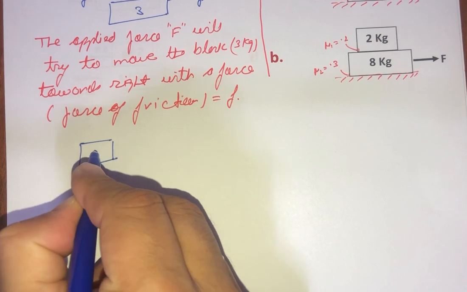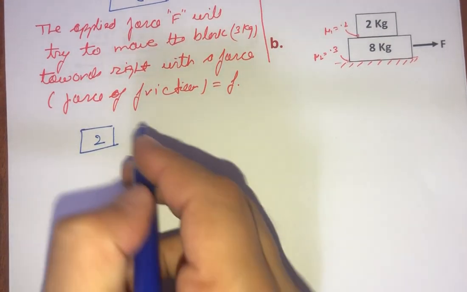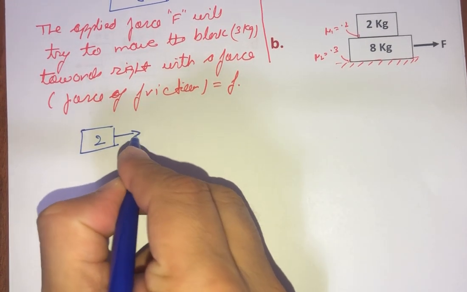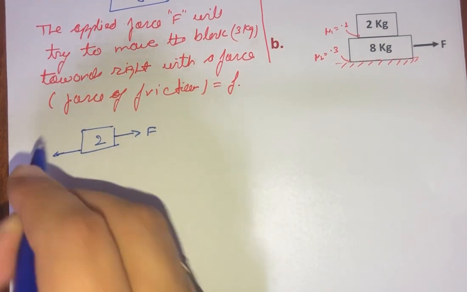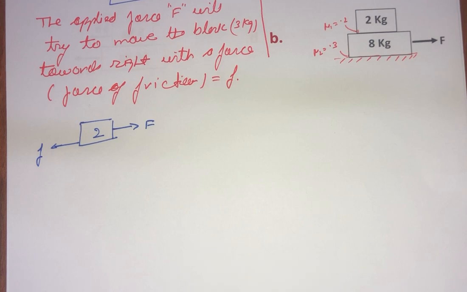So this is the mass of block 2 and we have a force acting in this direction and frictional force F in the opposite direction.